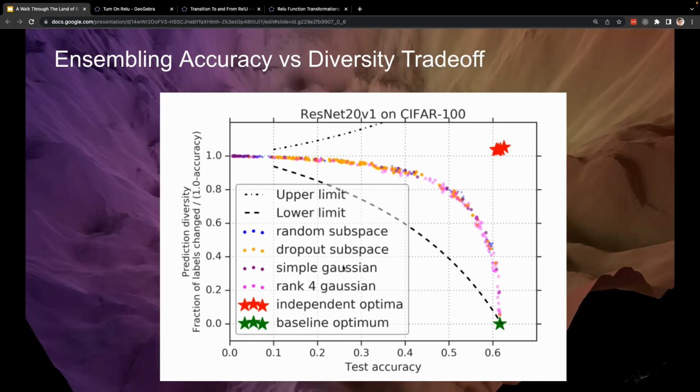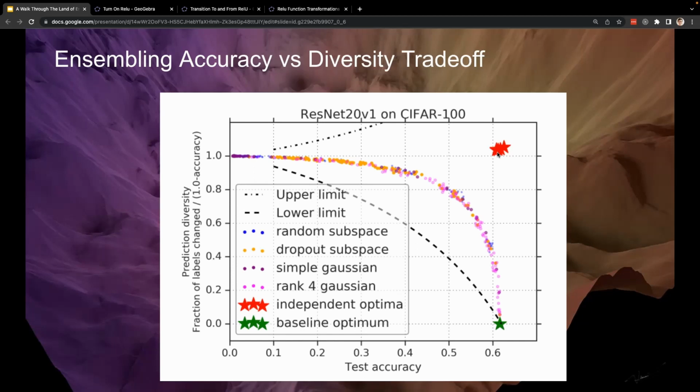Again, I don't know too much about that, but in any case, all of these are looking like this. And then boom, up here is those different initializations going to different points, getting the same accuracy, but disagreeing with each other, and then ensembling those. So this is convincing to me. Of course you have to train multiple networks, which is a pain, but it seems to work pretty well.